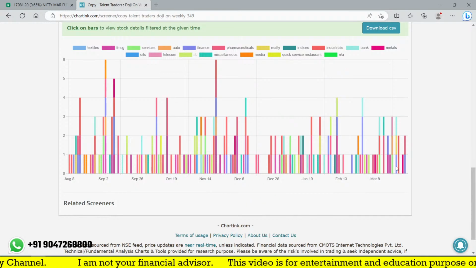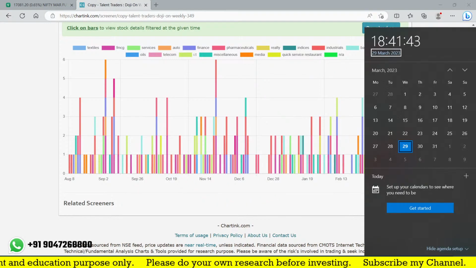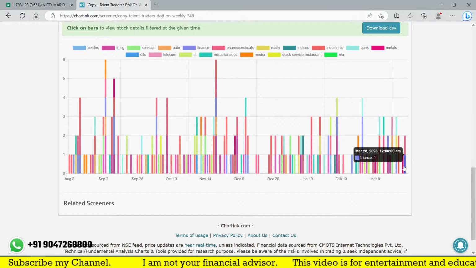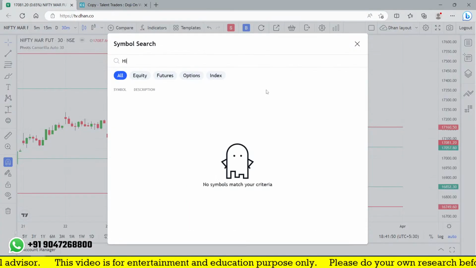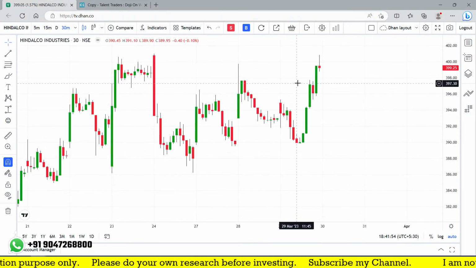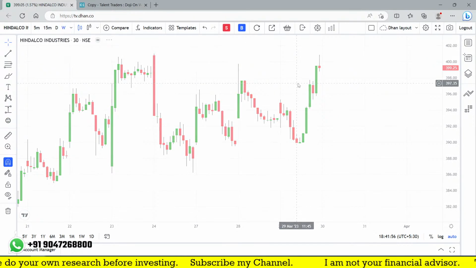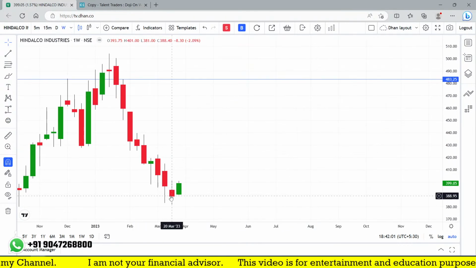So previously we focused on 23rd, when this week started. The 23rd is forming, so maybe this week we can focus on only one stock, that is Algo. Let me apply it on the weekly chart, weekly time frame. It should be forming a weekly doji, I think 23rd March.